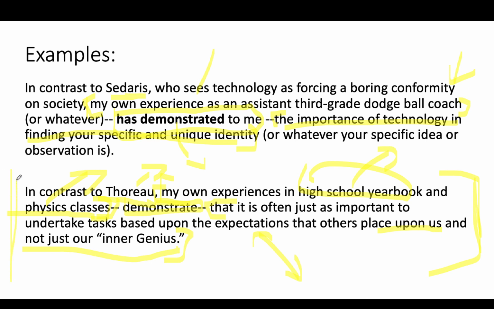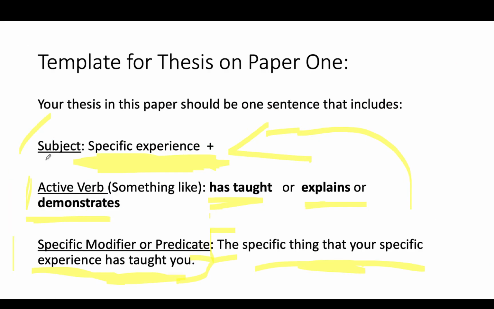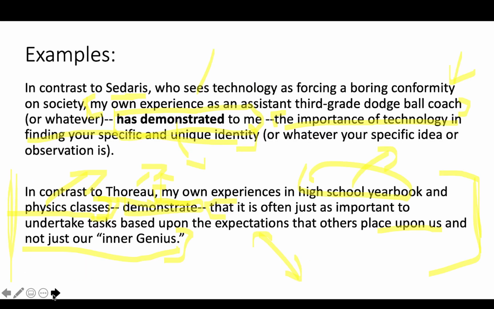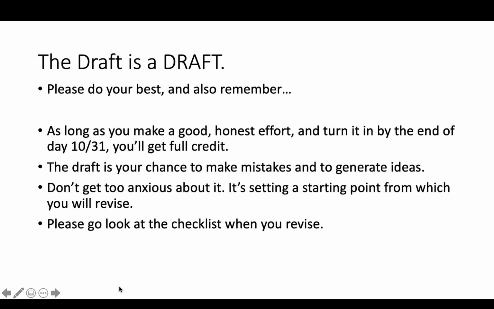So again, that's why I want you to try and follow this template that I've given you, because I think in doing so, in giving me a specific experience, a nice active verb, and a specific modifier or predicate, you will therefore sort of fill the criteria of what an important thesis statement is supposed to do. So that's my advice on thesis statements. I'm going to talk more about complete introductions in the body of the paper in the next video lecture.